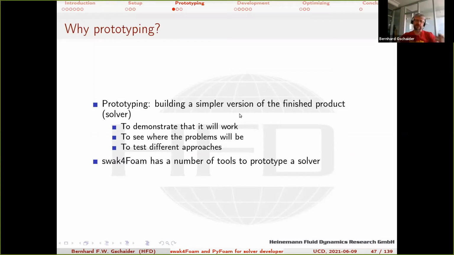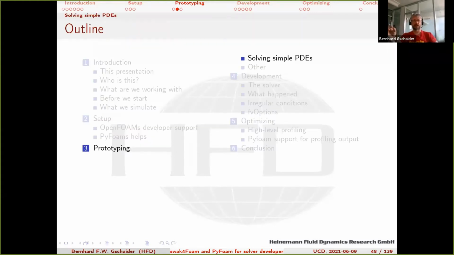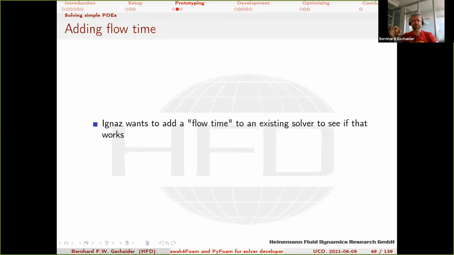And swak has a number of tools that are not specifically designed for prototyping, but that can be used for prototyping your solver or your boundary condition or whatever you're developing. I'm just going to show you how to prototype simple transport equations, for instance.